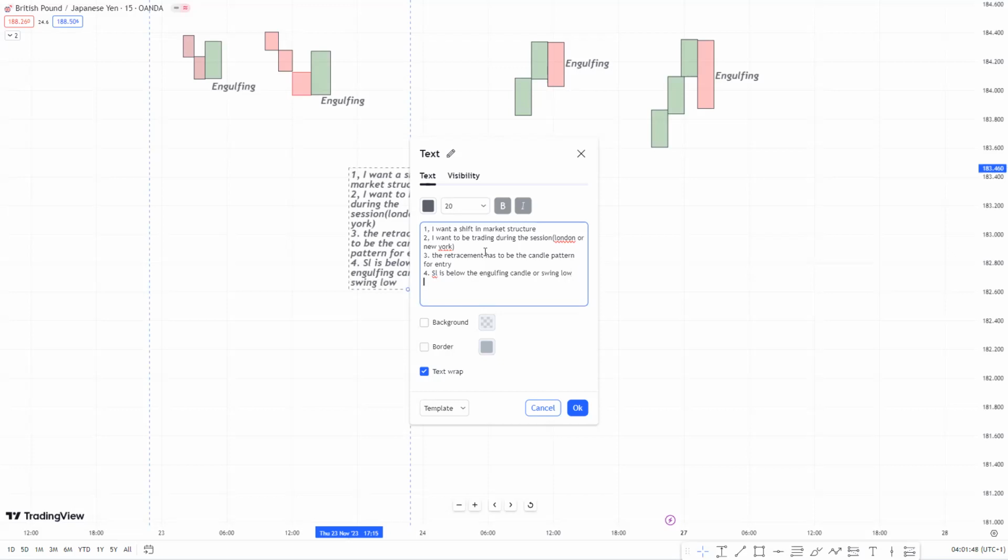Rule number 5: take profits is usually at the next swing low or high, or high or low of the day.